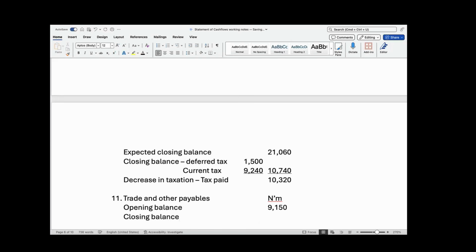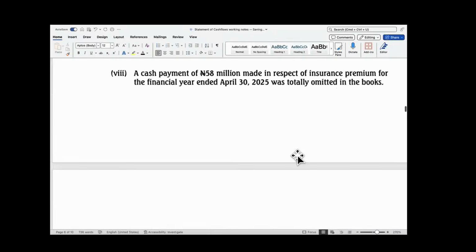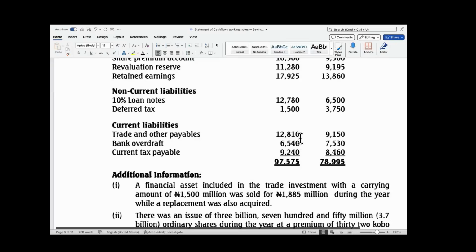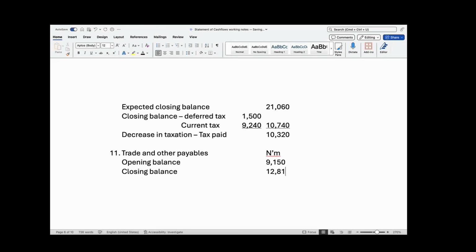And what's the closing balance? 12,810. So this one is an increase. How much? 3,660.